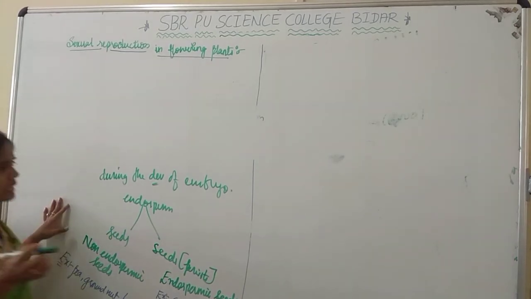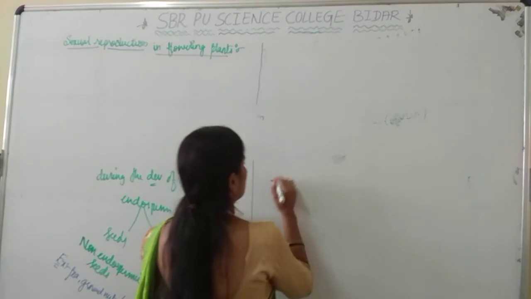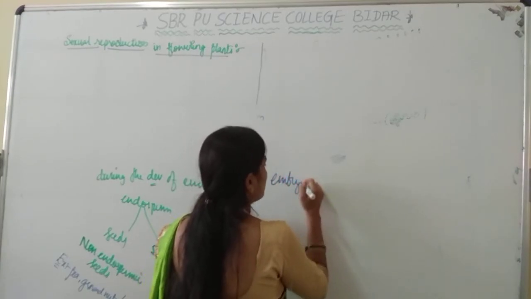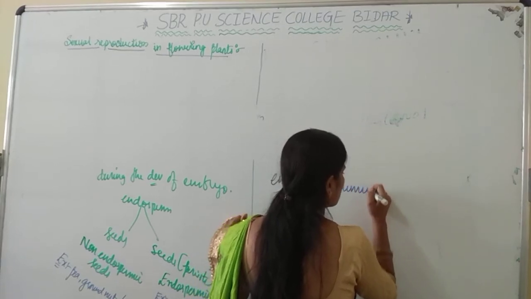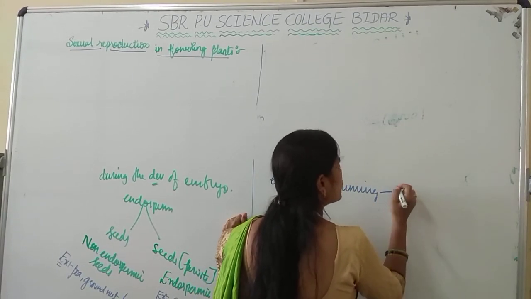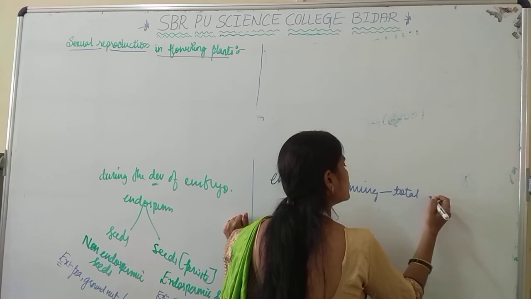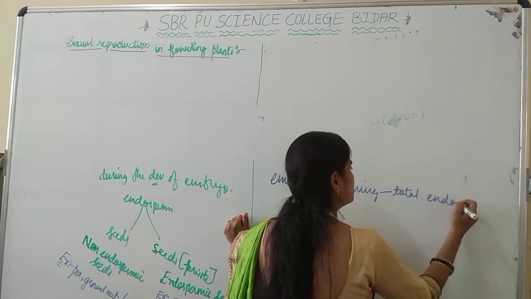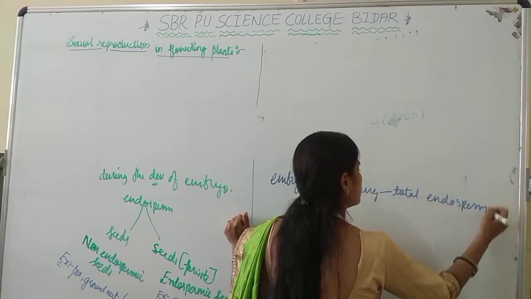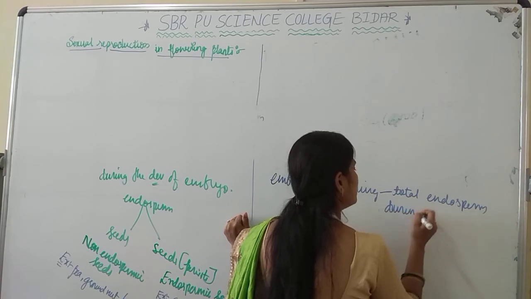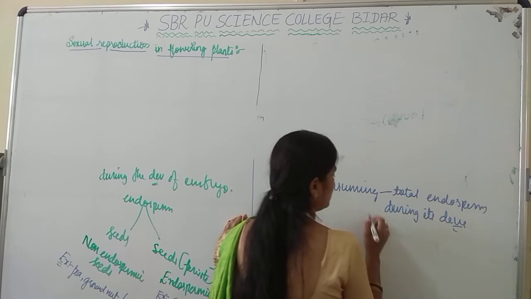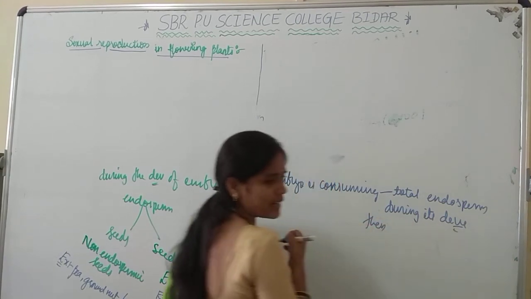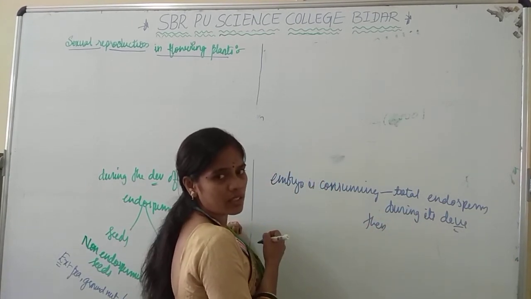So if the embryo is consuming total endosperm during its development, then do you find the endosperm in the seed after the development of the seed?